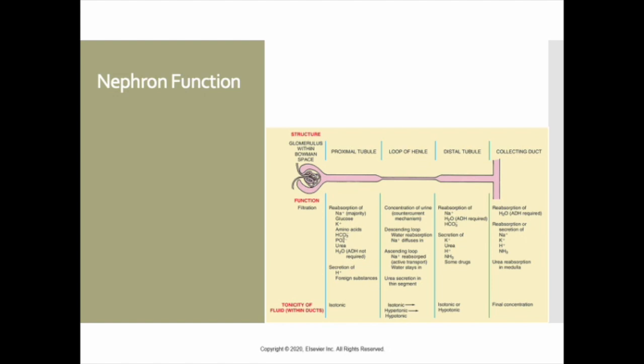Chloride, water, and urea are reabsorbed through active transport of sodium. It's this co-transport mechanism, and they work together for the achievement of passive reabsorption. For some molecules, active transport in the renal tubules is pretty limited because carrier molecules can become saturated. This is called transport maximum.